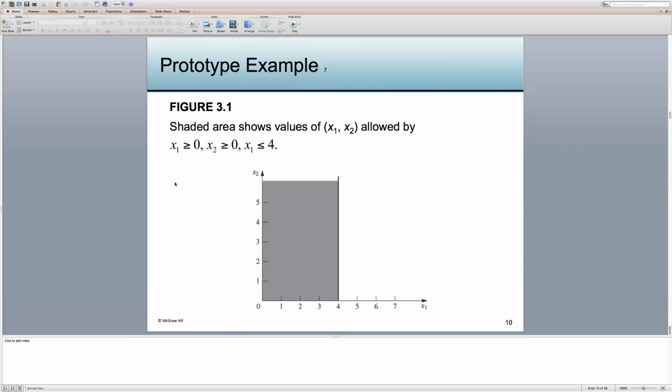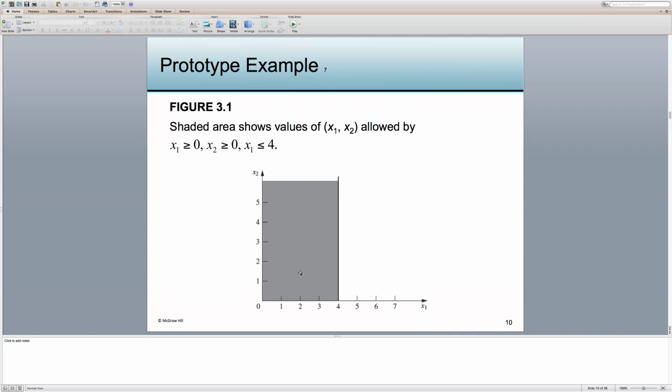Okay, what are the restrictions? Well, here were 3 of the 5 restrictions. We don't use x and y, we use x1 and x2. So x1 is the horizontal axis and x2 is the vertical axis. x1 is greater than or equal to 0, and x2 is greater than or equal to 0. That means we're only looking at points in the first quadrant. And we also have x1 less than or equal to 4.